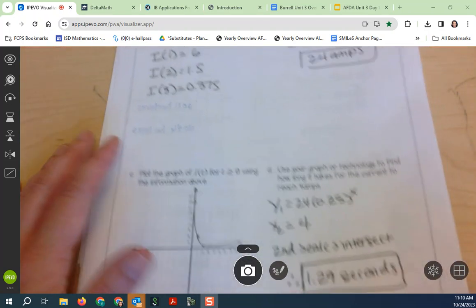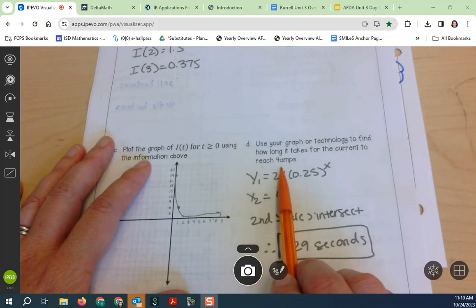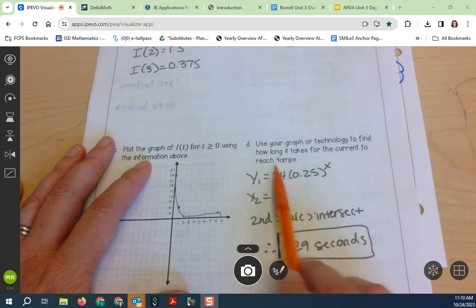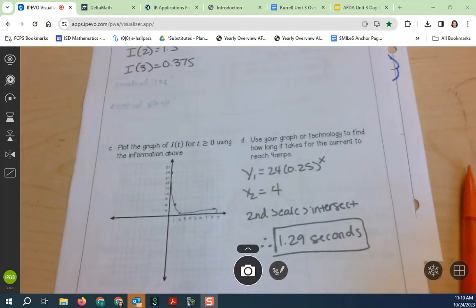Lastly, it says use your graph or technology to find out how long it takes for the current to reach 4 amps. In your y1, you'll put the function. In your y2, you'll put 4. You'll get two functions, the exponential and a line. Go to second, calculate, which is above trace, then intersect, enter, enter, enter. You should get that the answer is about 1.29 seconds.